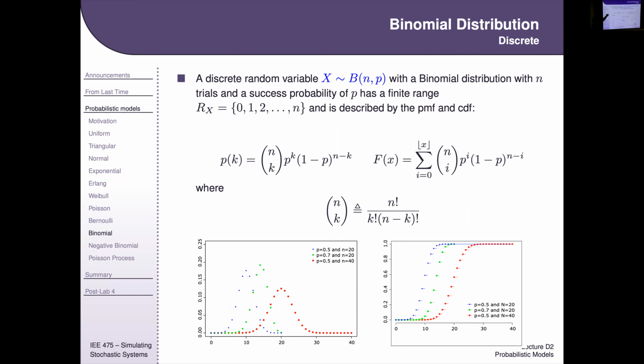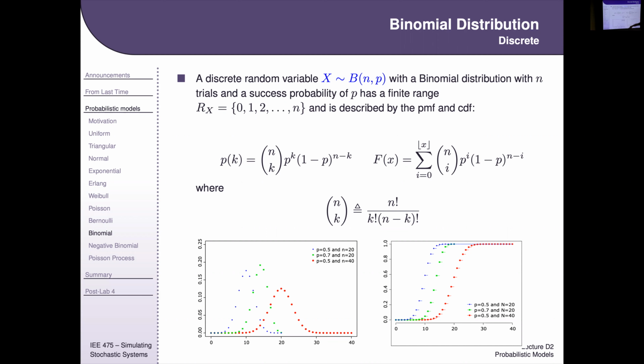So a binomial distribution, which I denote using B, with N for the number of trials and P for the probability of success on each trial, is the count of successes that I would get in a number of trials.